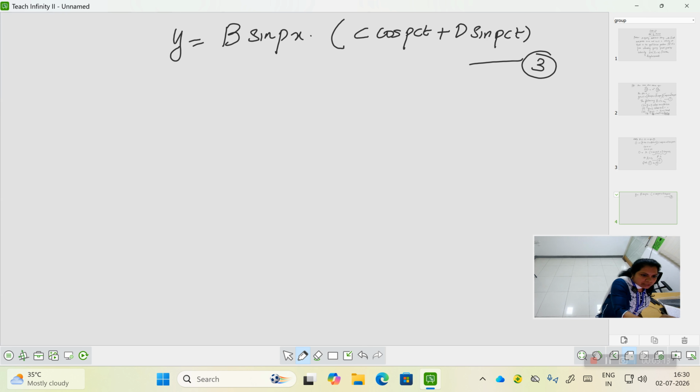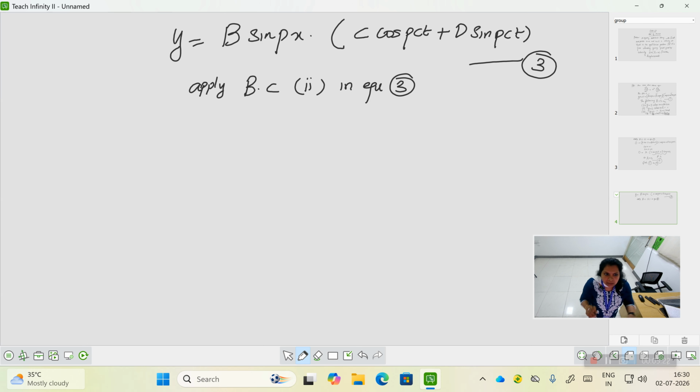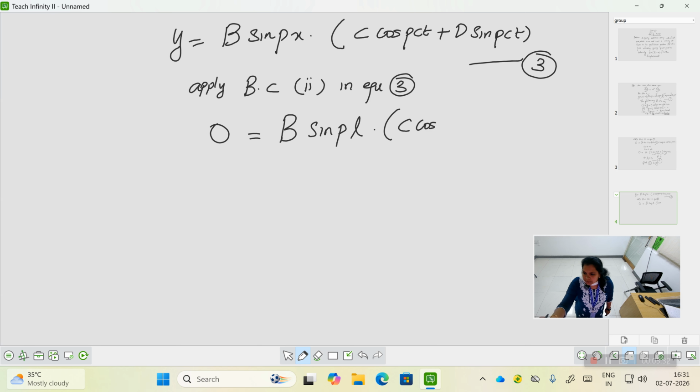So one boundary condition is over. Now you apply boundary condition 2 in equation 3. So we will be getting one of the constants. So 0, what is the value for x? It is L, into c cos pct plus d sin pct.